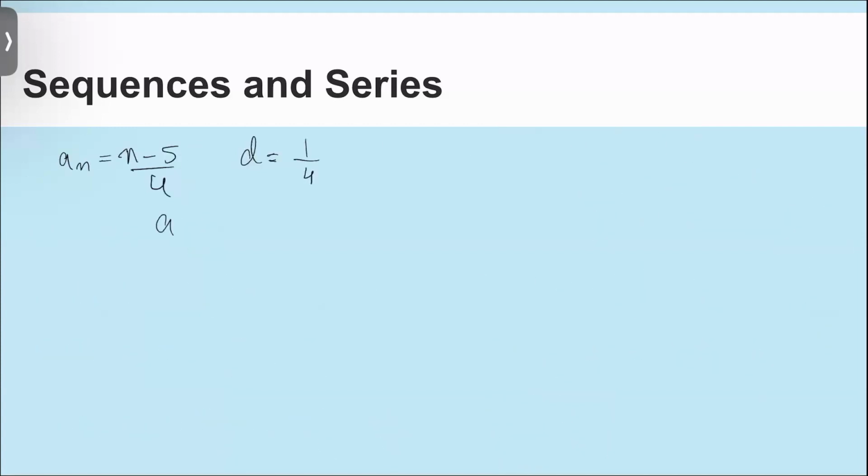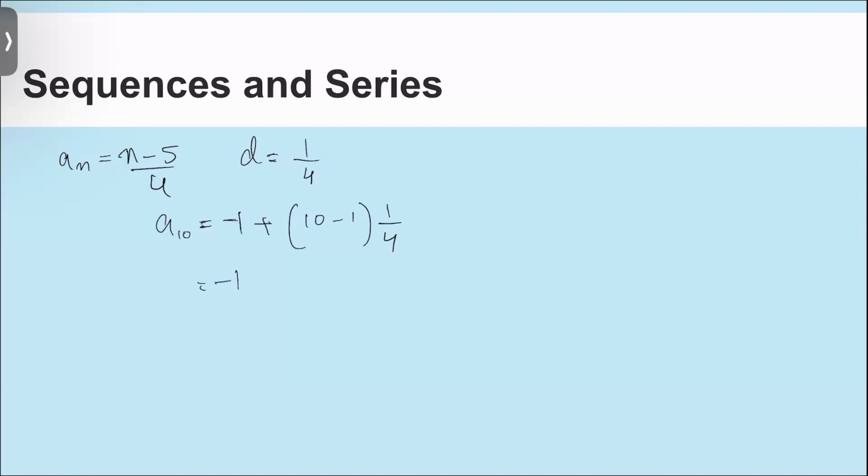So by the other formula, if you do not have any of the other terms, you don't have a9 or anything given to you, you can just calculate it as minus 1, the first term, plus n which is 10 minus 1, times 1 upon 4.